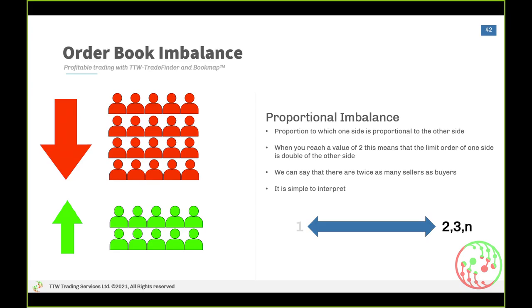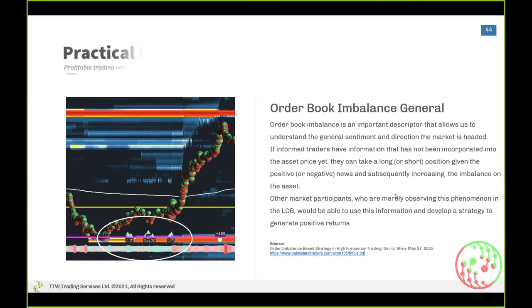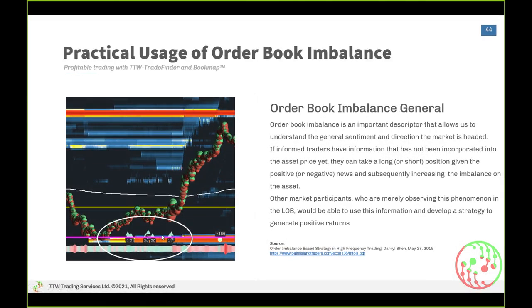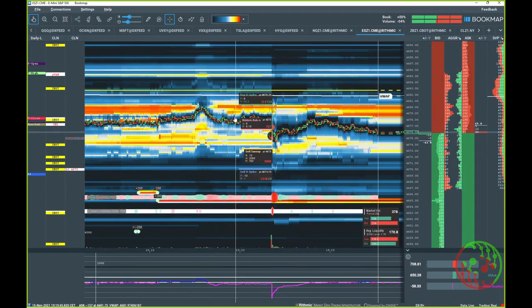If you're on NinjaTrader and other charting programs, you will have order book imbalance indicators included. The meaning of the order book imbalance is that it shows us where the biggest imbalance is, where the imbalance is or might be in the book.